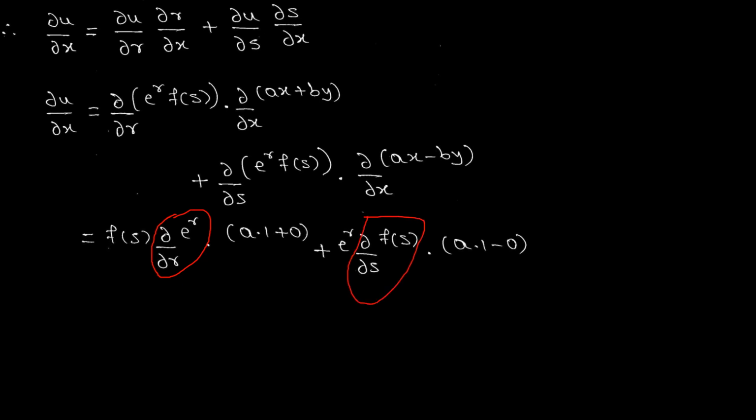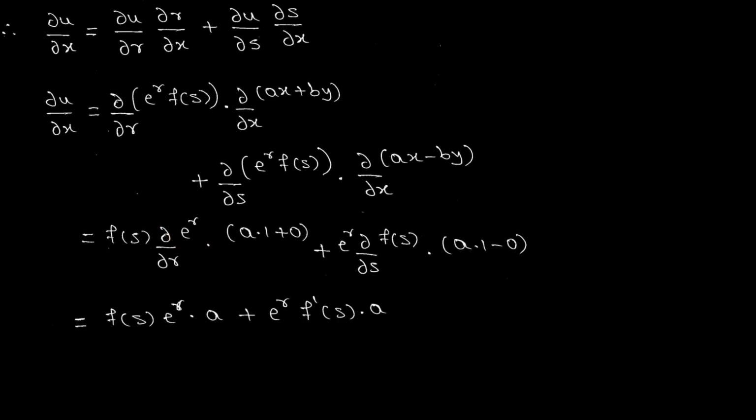Differentiation of e to the power r is again e to the power r, we have written, and derivative of f of s with respect to s can be written as f dash of s. This has been simplified as a, and here also it has become a here.